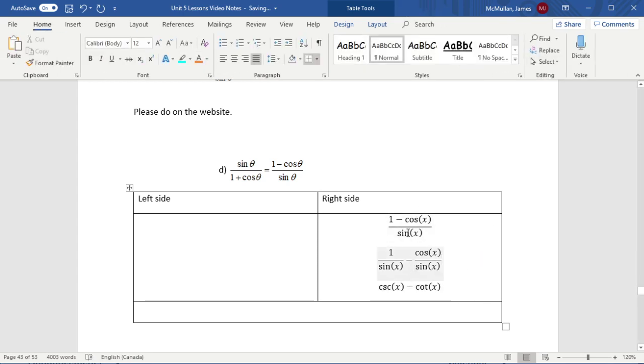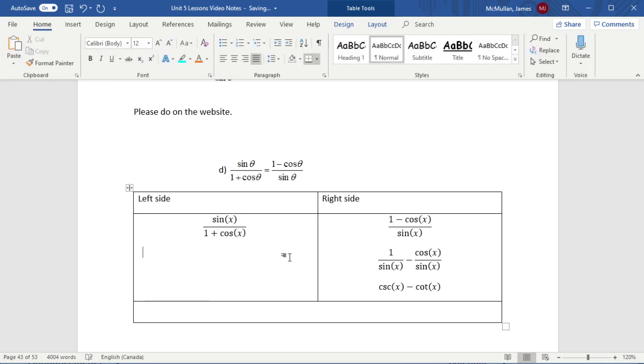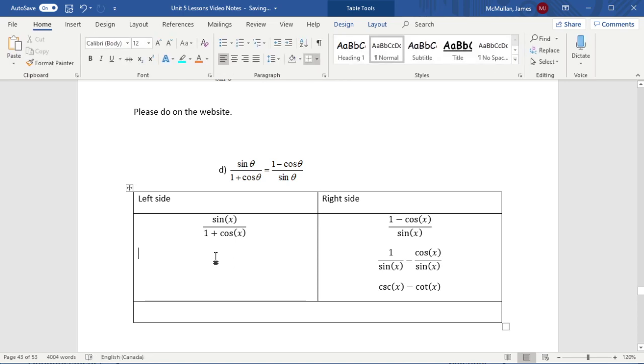But it doesn't look like there's much else I could do. But hopefully I'll eventually get one of these three things on the other side. On the other side I have sine x divided by 1 plus cos x. Again, there doesn't seem to be too much I can do with this.